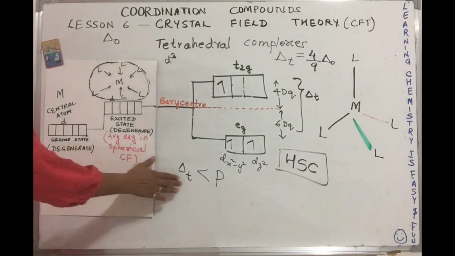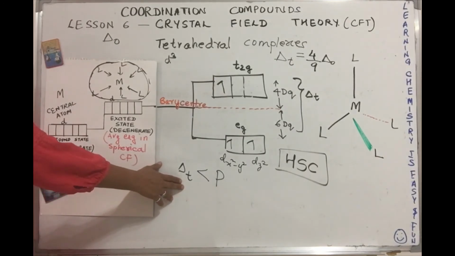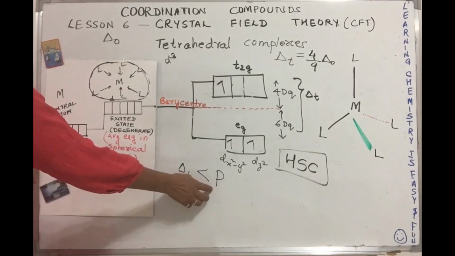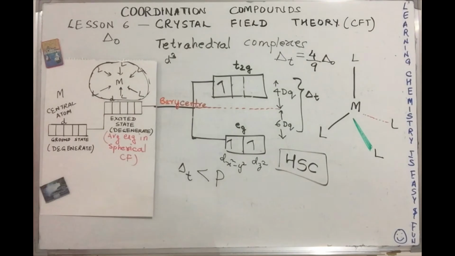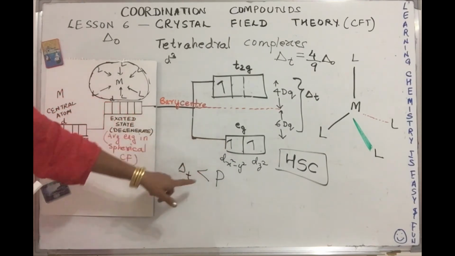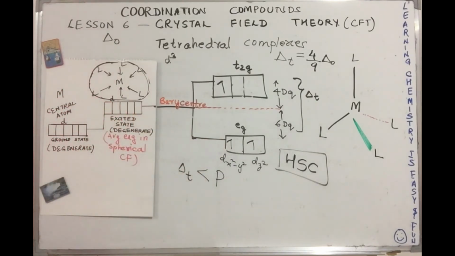Because here the tetrahedral splitting is much lower than the pairing energy, or you can say vice versa, the pairing energy is much higher. The energy required to pair the electrons is much higher than the tetrahedral crystal field splitting. Right? Have you noted this down?